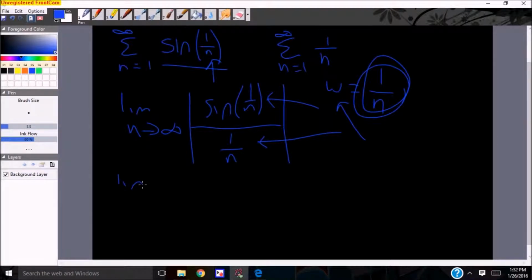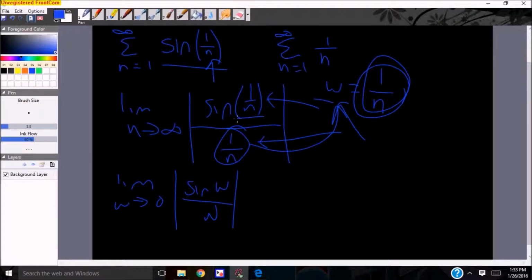W would go to 0, so I'd have the limit as w goes to 0 of sine of w over w. And this is just by doing a substitution of variables. So I took the 1 over n, replaced it with w, and as n got to infinity, that told me what the limit was going to be as w goes to 0. And this, you should recognize, is one of your special trig limits, which is in fact 1.